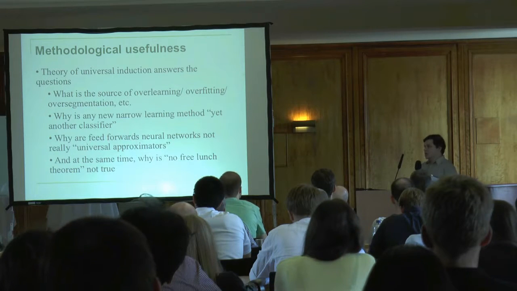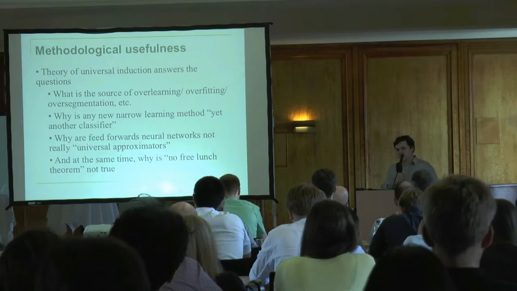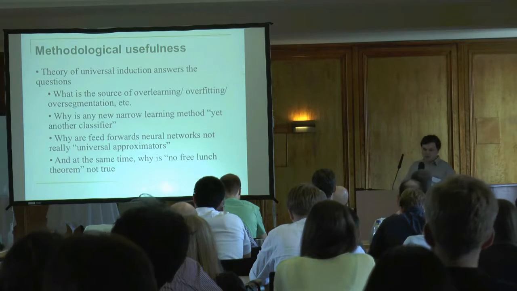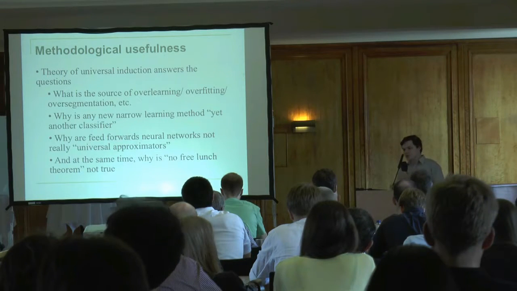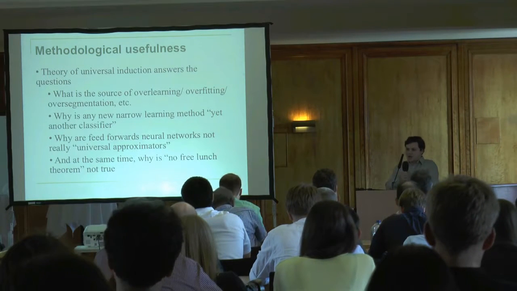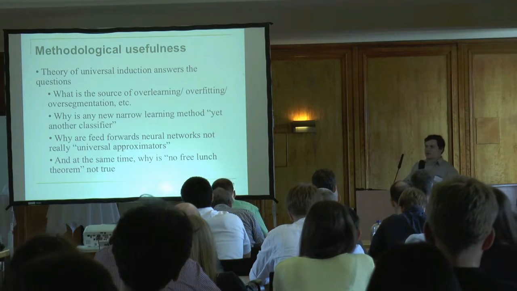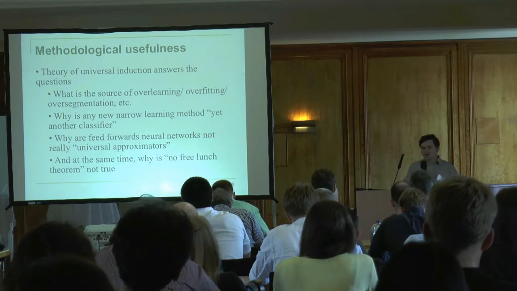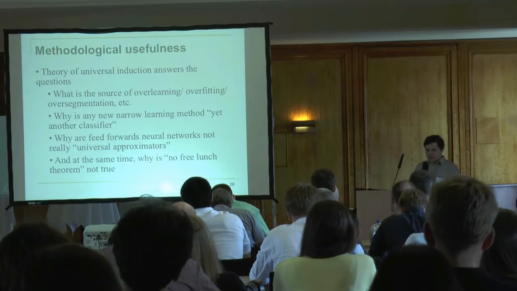They are trying to claim that they invented some general method, but it appears that it is not quite general. It works better in some cases, but it works worse in other cases. And because of this, there is the no free lunch theorem, which simply tells that no method can work better in all possible cases, and so on.